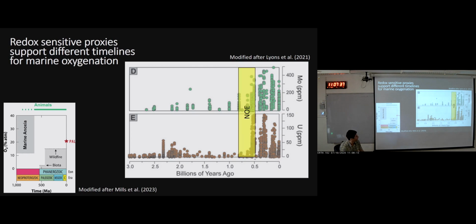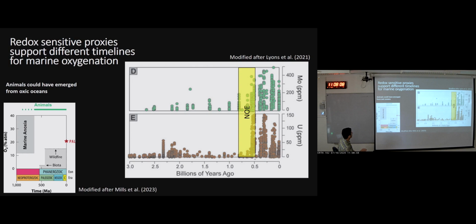It was also termed the NOE, short for the Neoproterozoic Oxygenation Event, which may suggest that the first animals that evolved during this period did so in oxic oceans. And maybe the evolution was even driven by it. Maybe it points to a causality between the oxygenation and evolution.